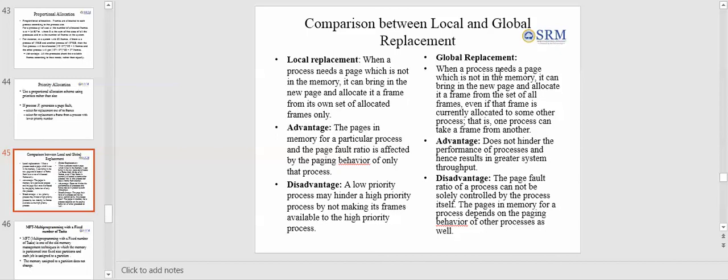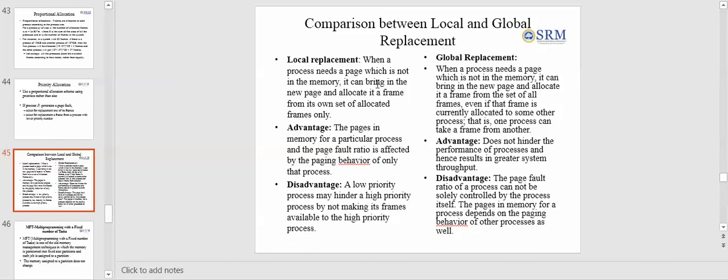Global replacement: when a process needs a page which is not in the memory, it can bring in the new page and allocate it a frame from the set of all frames, even if that frame is currently allocated to some other process. That is, one process can take a frame from another.